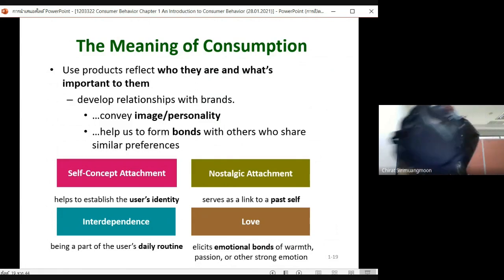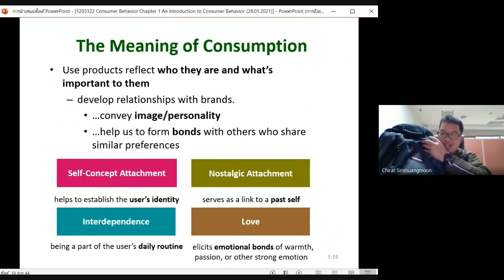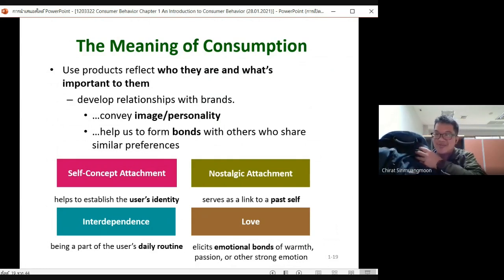Like this one. This is a backpack named Tag. This is the brand from my age. It's the one you must have, because it reminds me a lot of my old times. So I use this, and it's defined as nostalgia attachment.